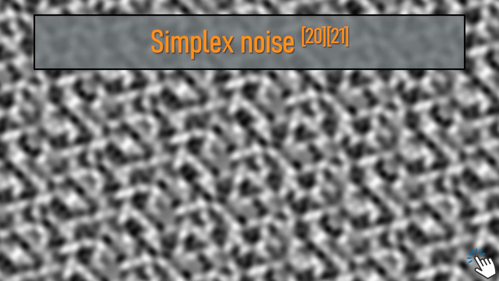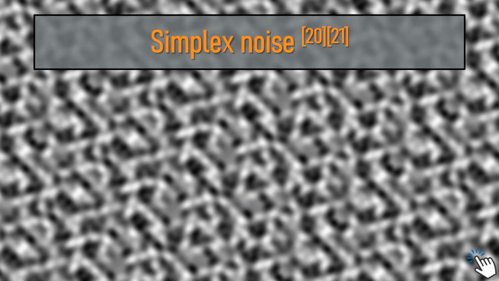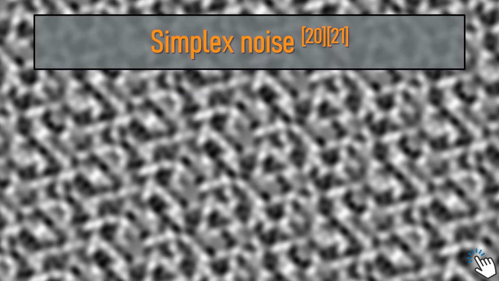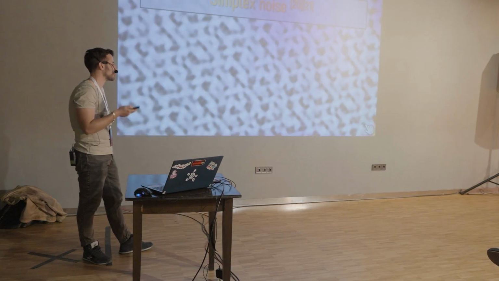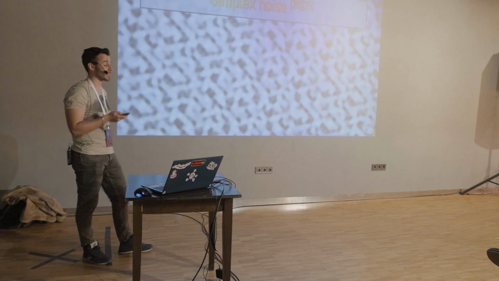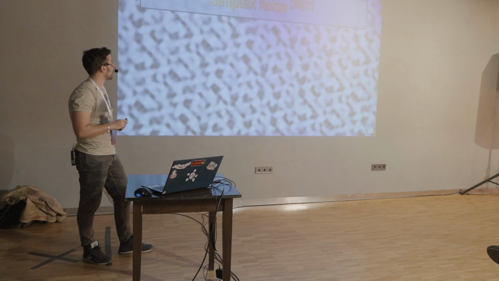By the way, simplex noise. Simplex noise is pretty much Perlin noise, but it looks crappier and it is faster. If you can use simplex noise, use it, because your game will run a lot faster. All the usages of simplex noise are the same as the usages of Perlin noise.